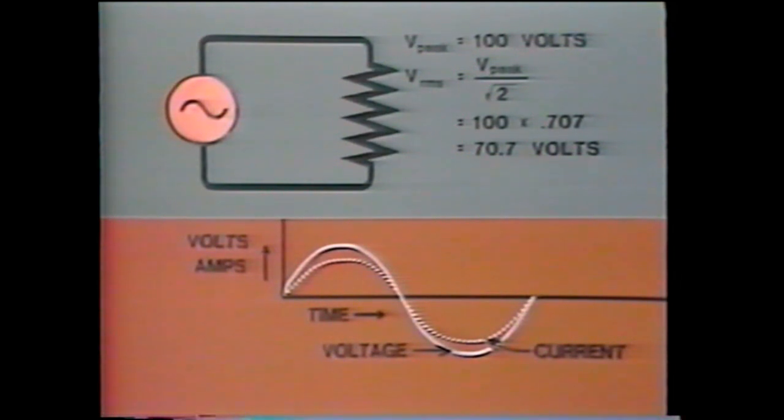The RMS, or effective current, is the value of current that has the same heating effect as a DC current of the same magnitude. It is calculated in a manner similar to voltage. That is, by taking the peak current and dividing it by the square root of 2, or multiplying it by 0.707.